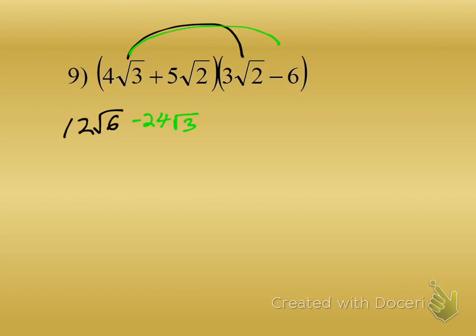Okay. Good on that part. Let's go to the next one then. 5 rad 2 times 3 rad 2. 5 times 3 gives you 15. 2 times 2 gives you the square root of 4.